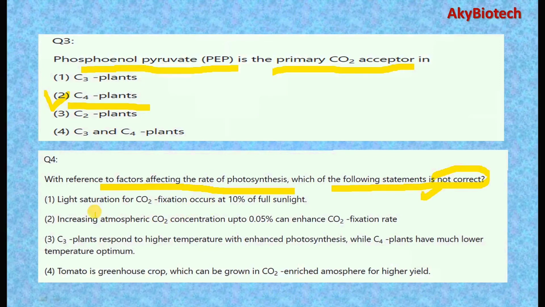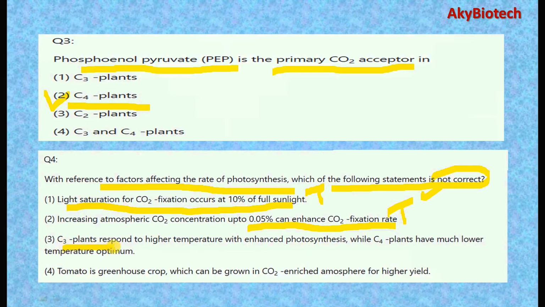The correct ones are: light saturation for carbon dioxide occurs at 10% of full sunlight. This is the correct statement. Increasing atmospheric carbon dioxide concentration up to 0.05% can enhance carbon dioxide fixation rate. Again, a true statement.